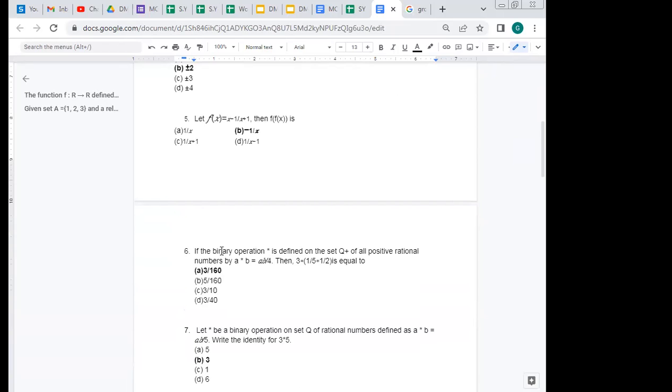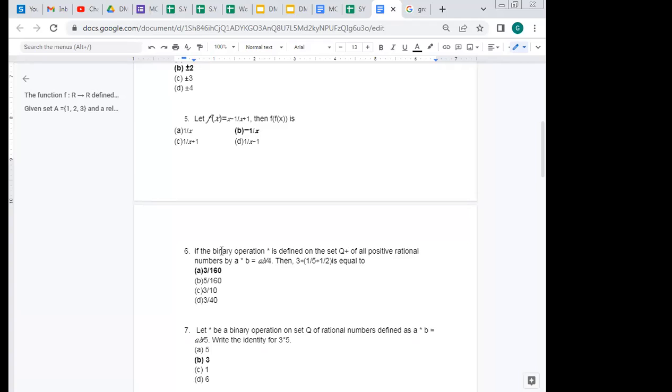See here what the question is. Next one: let f of x equal to x minus 1 upon x plus 1. What we will do here is, in composition, at the value of x, we will write x minus 1 upon x plus 1.